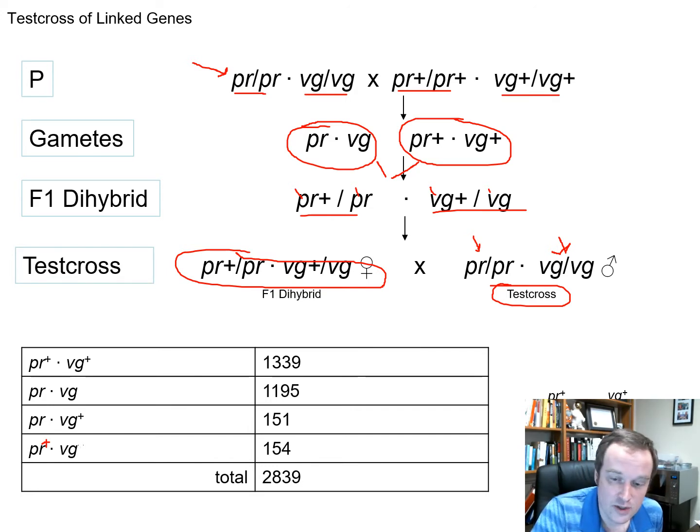We know that because there are a lot of individuals that have PR plus and VG plus, as well as the PR, VG mutants. Those are going to be the normal conformation. And then the mixture of these two alleles, the PR and the VG plus, would only occur through recombination.